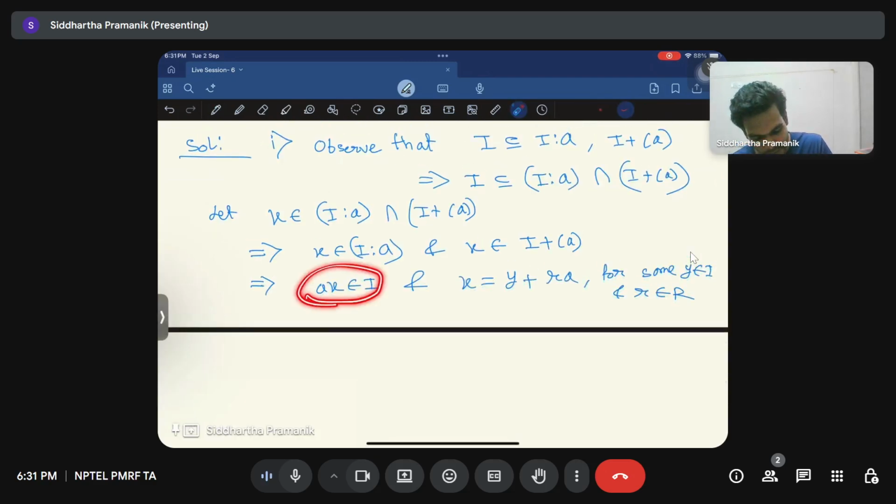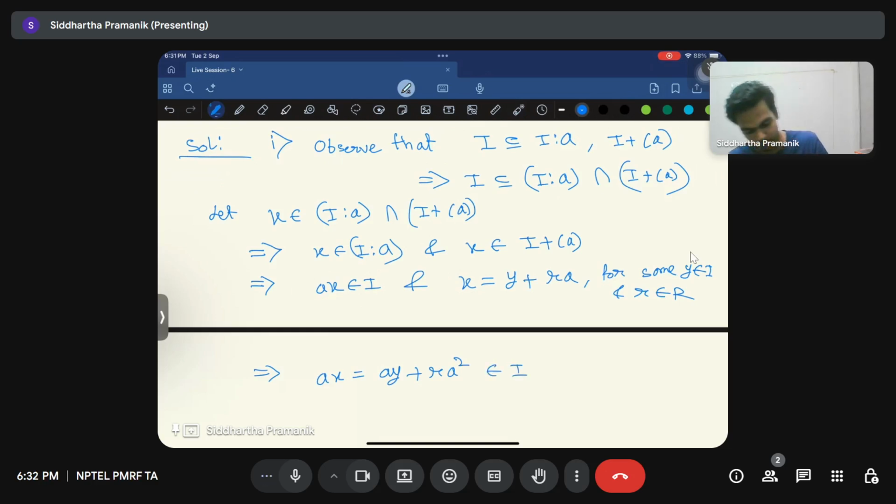Now ax is in I, so if we multiply a with x, that is in I, so this implies ax, which equals ay plus ra squared, is in I. So ax is in I, but y is in I, so ay is also in I. So this implies ax minus ay equals ra squared.